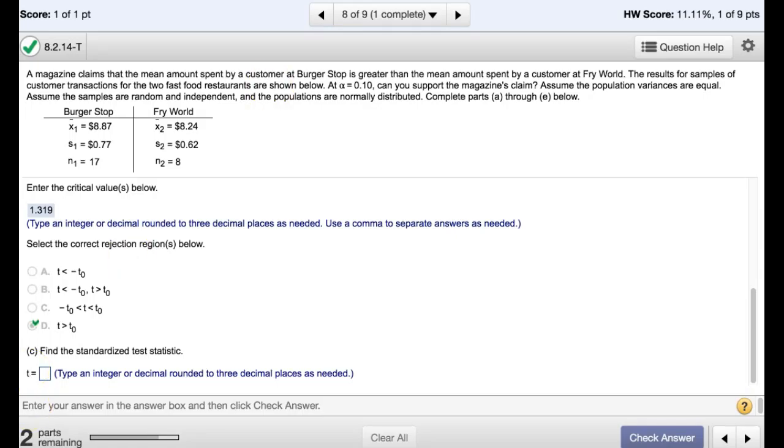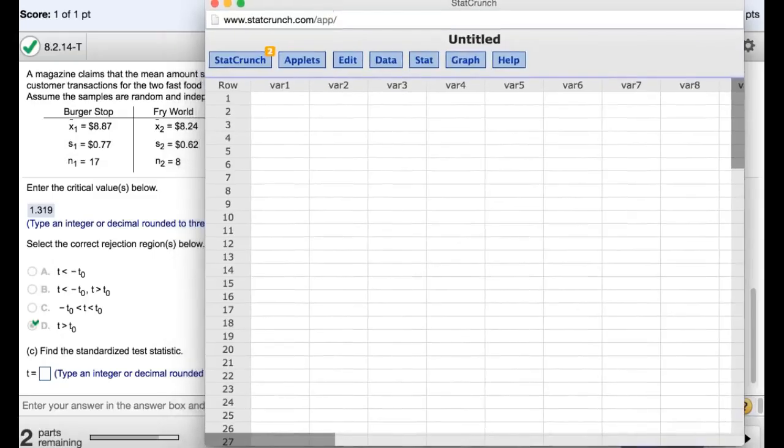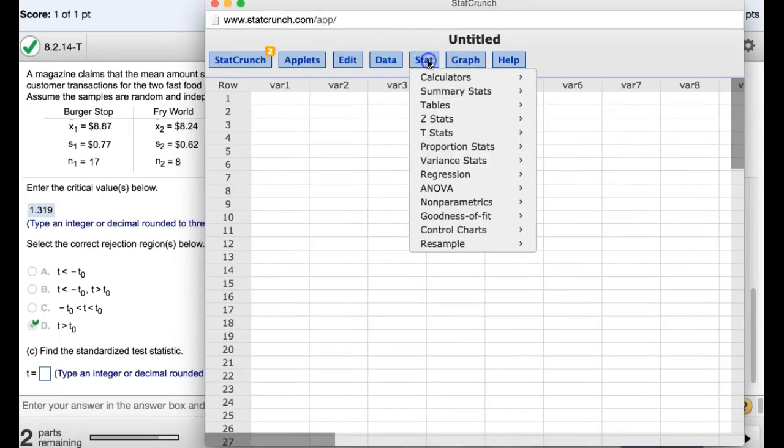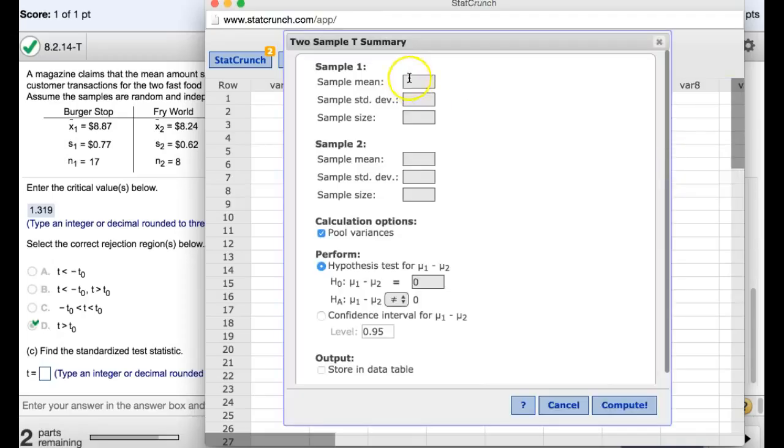So again, we're going to use StatCrunch to do that. All right, so let's go ahead and bring in StatCrunch so that we can calculate this test statistic. So remember, we are doing a t-test. So we need to go to t-stats and then two-sample with summary. So we need to put in our information here.